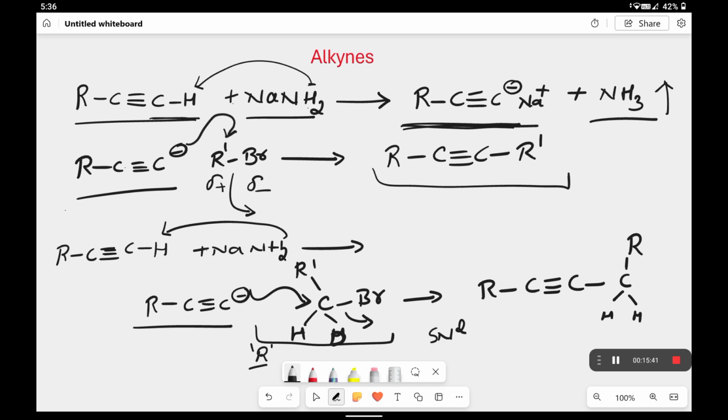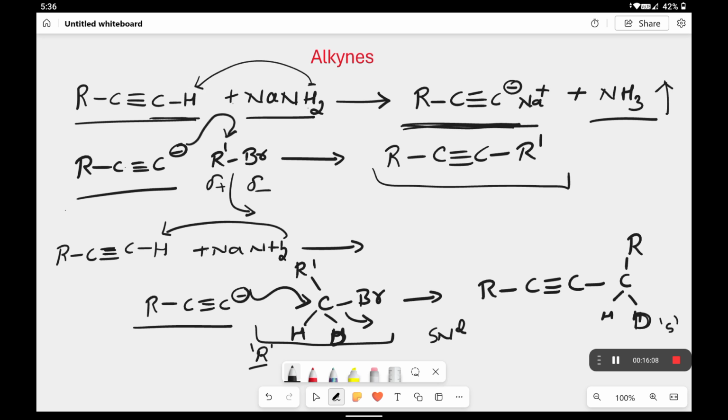Then what is the product configuration? The product configuration is always R becomes S. Suppose this is deuterium. Why is R changing to S? Because the acetylenic carbanion attacks the primary halide from the backside, or you can say the acetylenic carbanion attacks the primary halide by the SN2 mechanism.